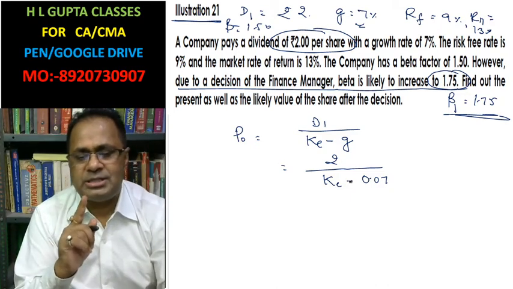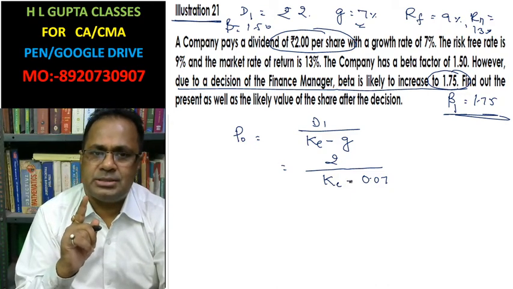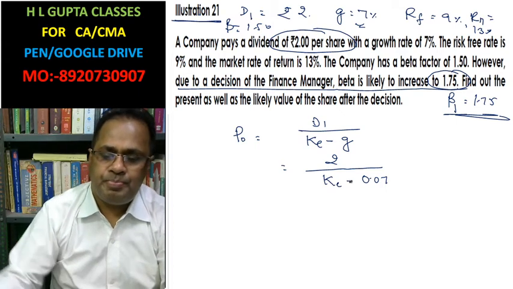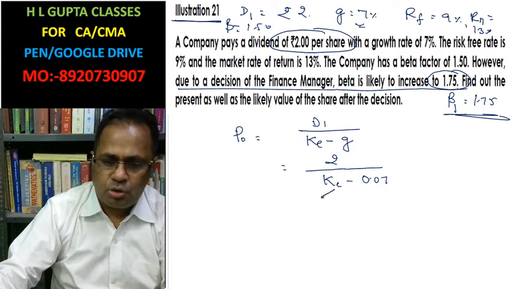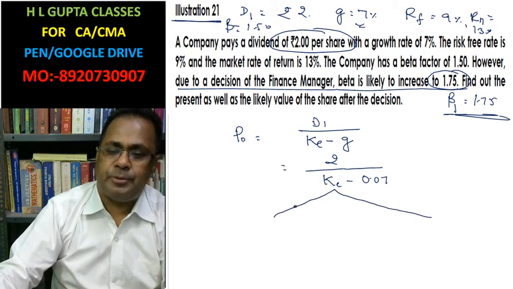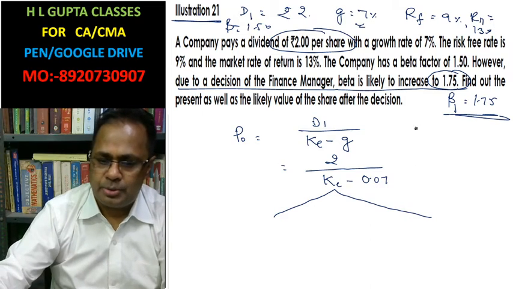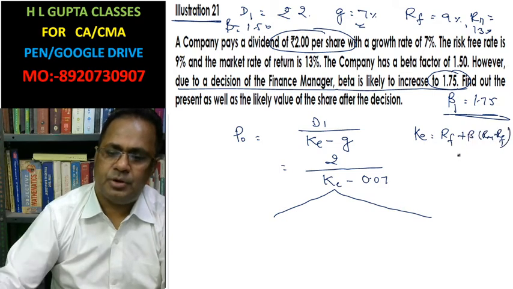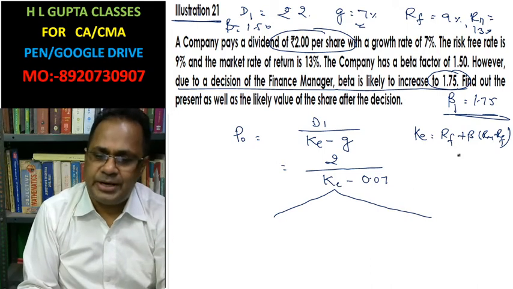The cost of equity in the given case is calculated as per CAPM, the Capital Asset Pricing Model. What is the formula of cost of equity as per CAPM? It is the risk-free rate of return plus beta times (RM minus RF).